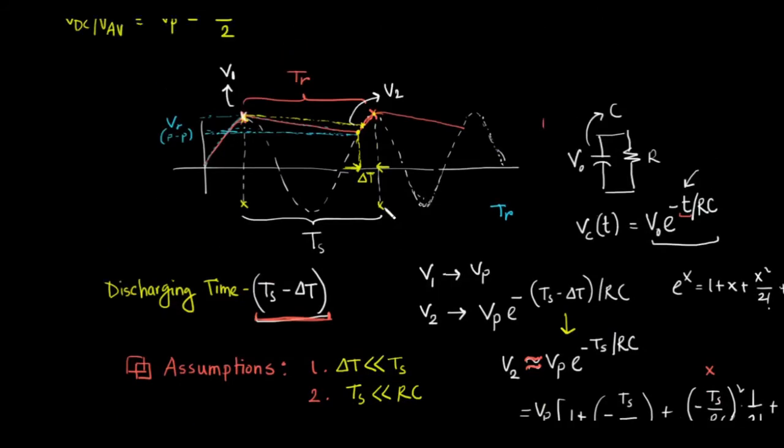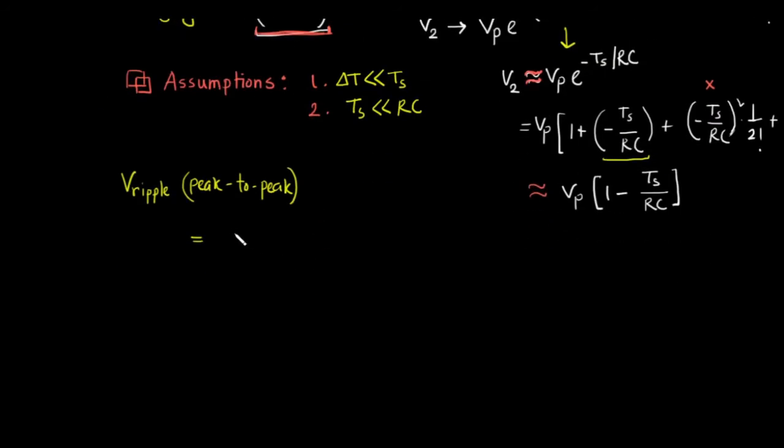Well, since I named this voltage V1 and named this voltage V2, then V ripple peak to peak is just going to be V1 minus V2. Now we will just put in the value of V1 and V2.